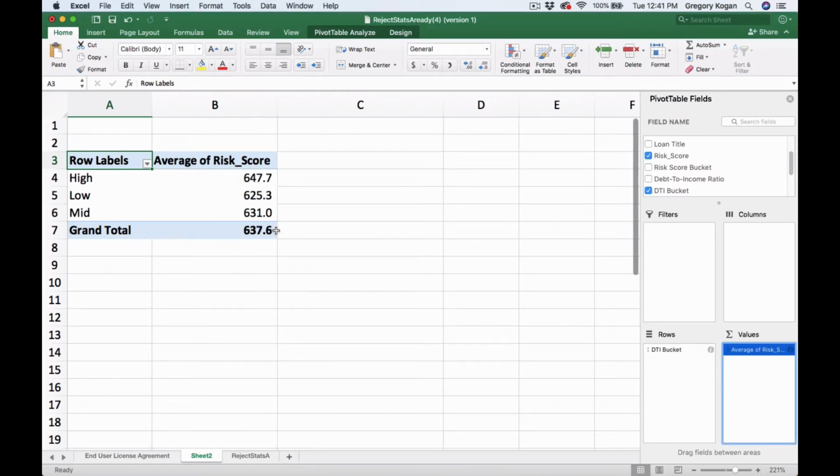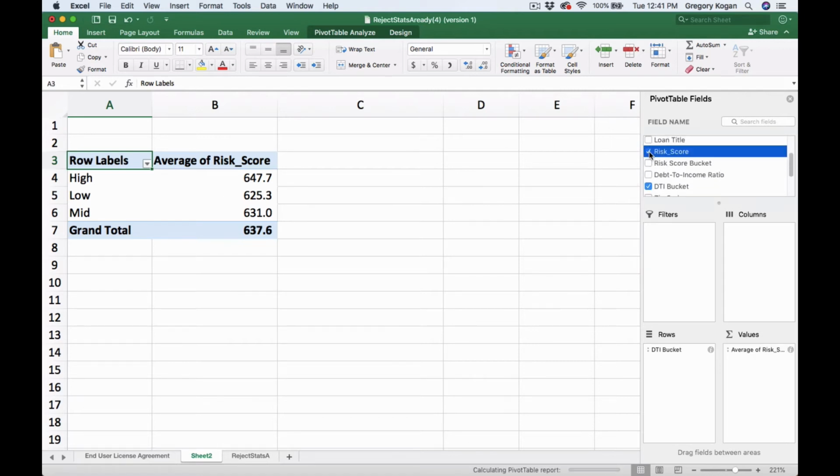So let's look at the average credit score. If you have a debt to income that's very high, you have a higher FICO score, and then mid is middle and low is low. So it's what we expected.